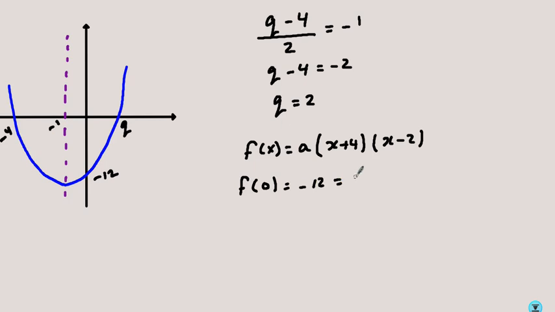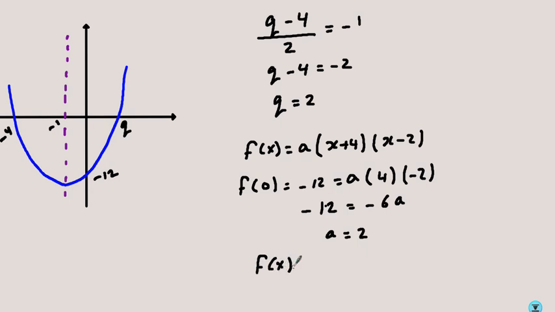And this equals a times 0 plus 4 is 4, 0 minus 2 is -2, and this gives us -12 is equal to minus 6a, and a is therefore equal to 2. So your quadratic is f of x is equal to 2 times x plus 4 times x minus 2.